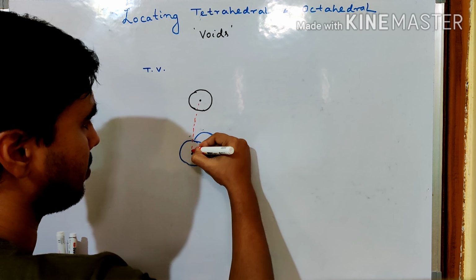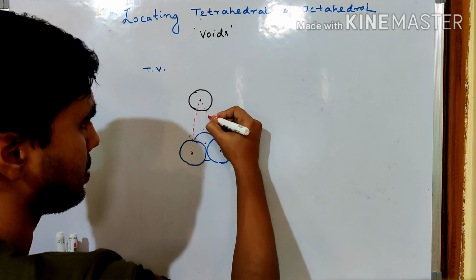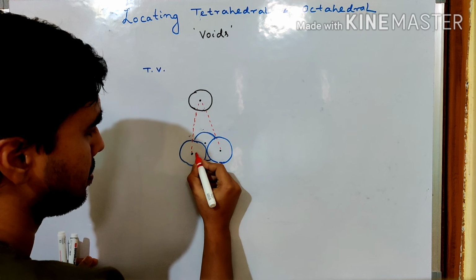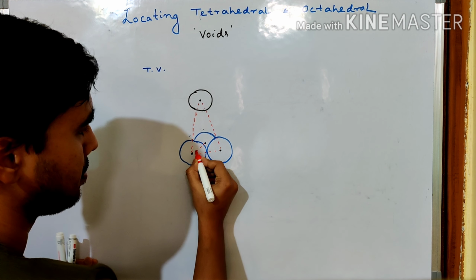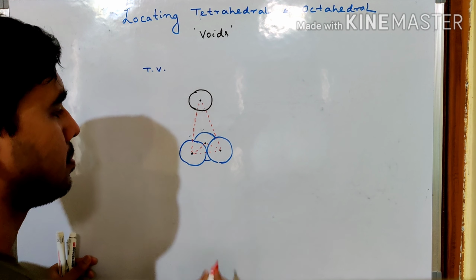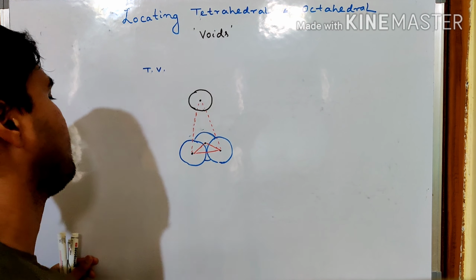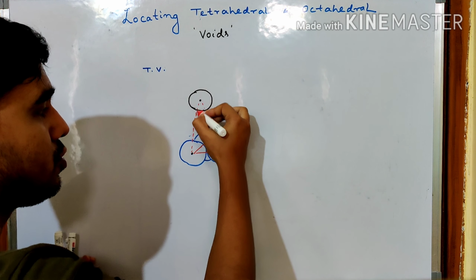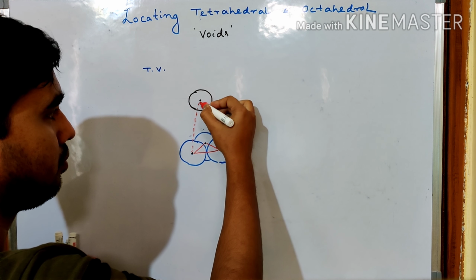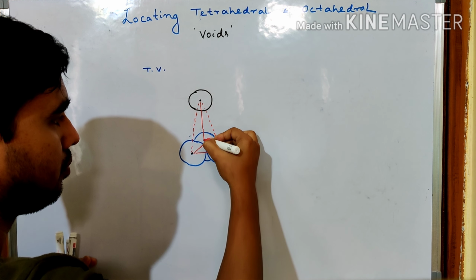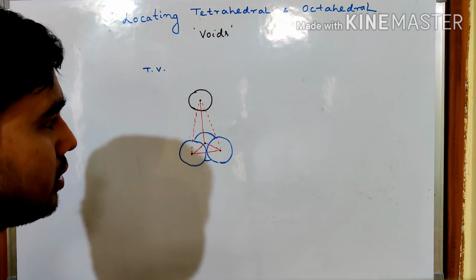If I join the points, there is already a triangle formed here, and if I join this point with the rest of them, you will find something like this.